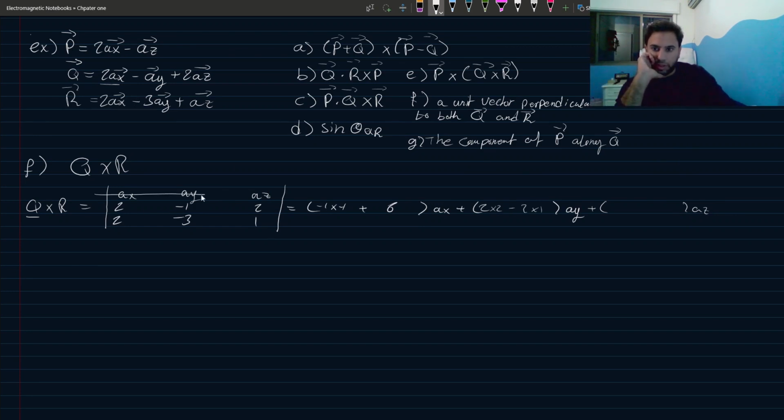az, we cross it vertically, horizontally, and then we move on to the next vector, which is 2. And then we multiply it by the diagonal vector. 2 times minus 3, that is minus 6. Minus 1 multiplied by 2, which is plus 2.